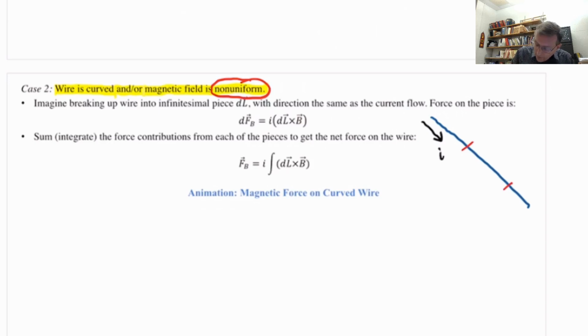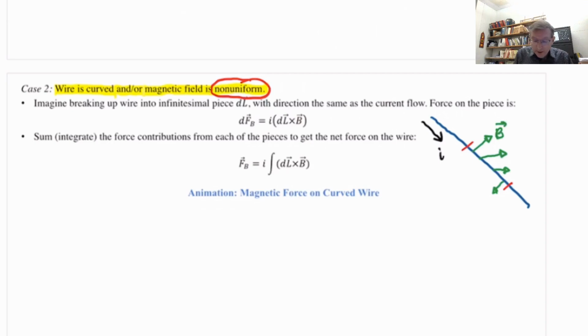But the magnetic field isn't the same everywhere. Right here, it might be like that, and then a little bit farther down the wire, it's in that direction, and then maybe it's a different magnitude, and then a little bit different direction, and then maybe over here it's this way. That's a non-uniform magnetic field, B.